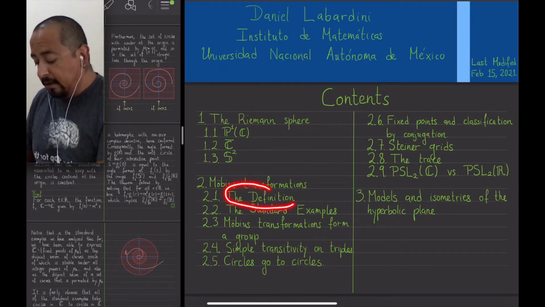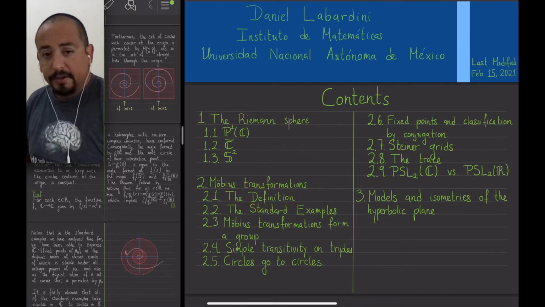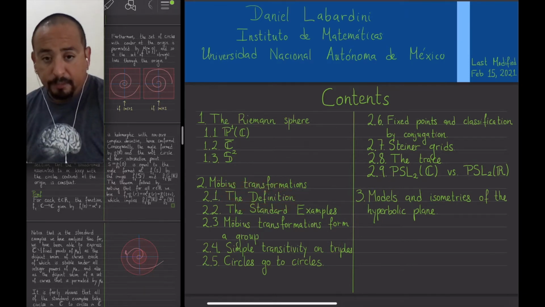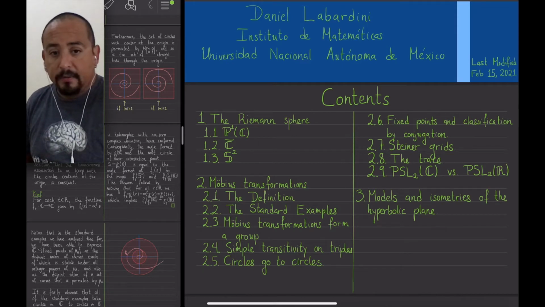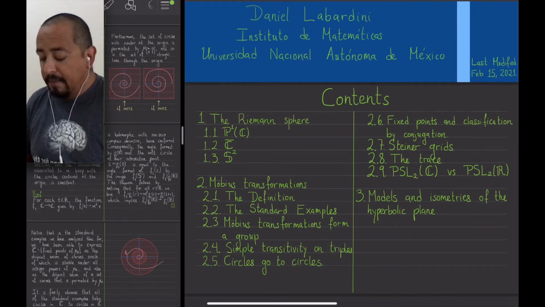We defined a Möbius transformation of the complex projective line to be any function from P1C to itself induced by a C-linear bijective map from C squared to itself.